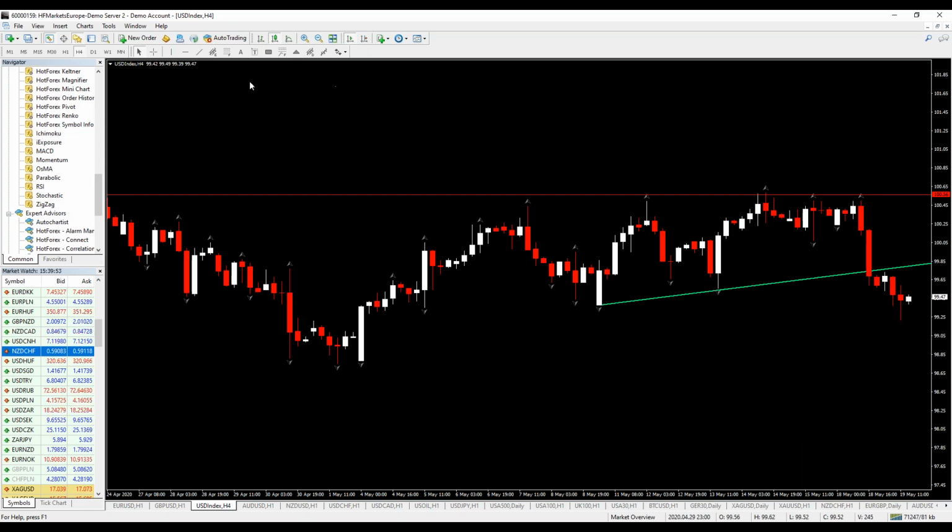You see? Indecision, small bodies, but I have a big one over here with a small tail. The tail is not 3 times bigger than my body, so there is no indecision. That's a clear selling pressure. Simple as that. Stick to a particular time frame. So I have replied to that one.